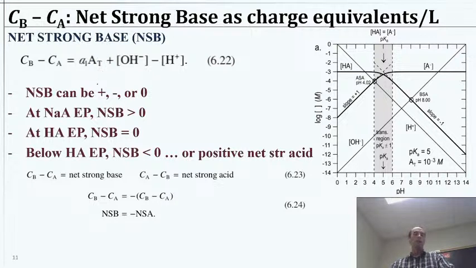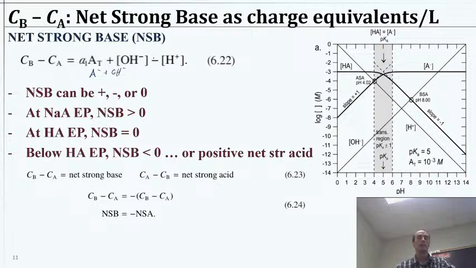If we do have some acid, well, where does that net strong base equal 0? That's when the addition of these two is equal to H plus. So just thinking about it graphically, if we find a spot where A minus, that's this guy, right? A minus plus OH minus, when we find a spot where that equals H plus, we're at 0.